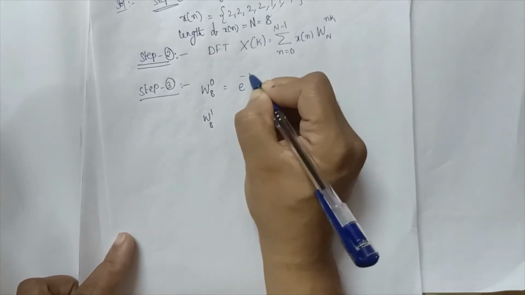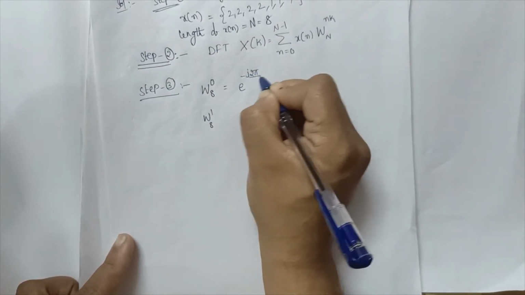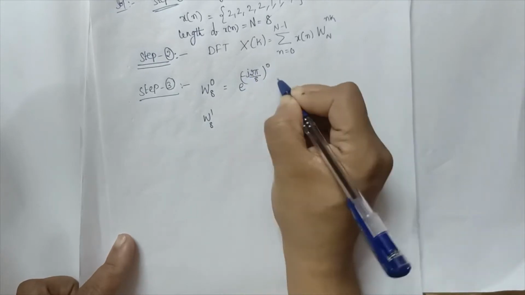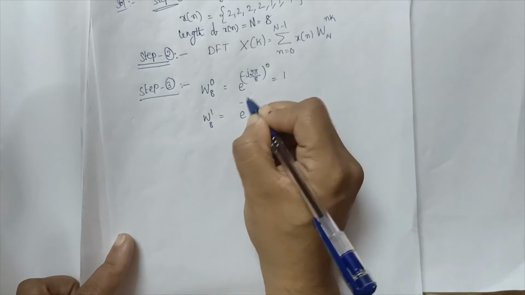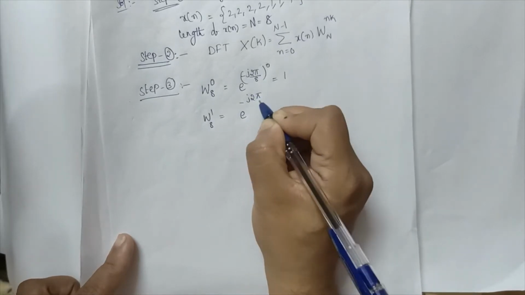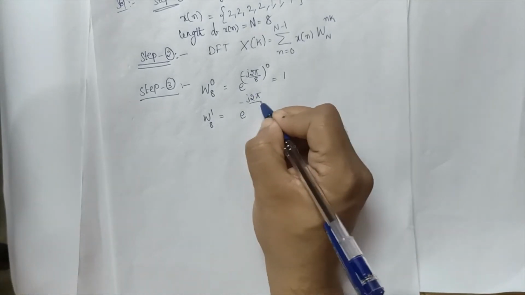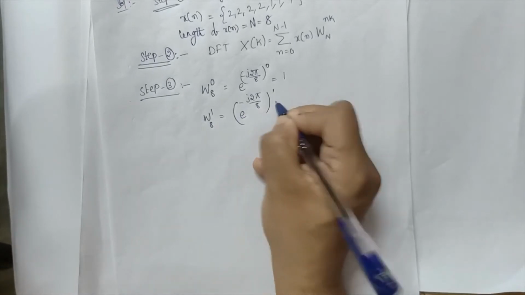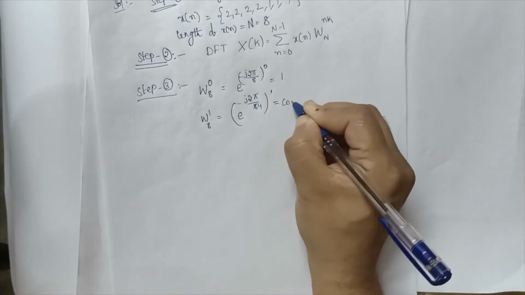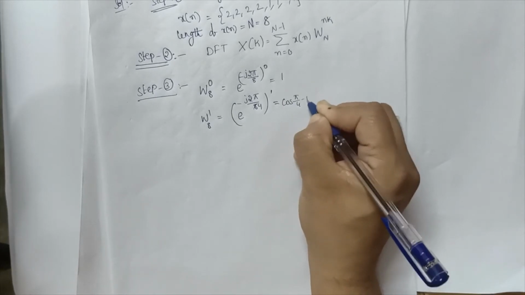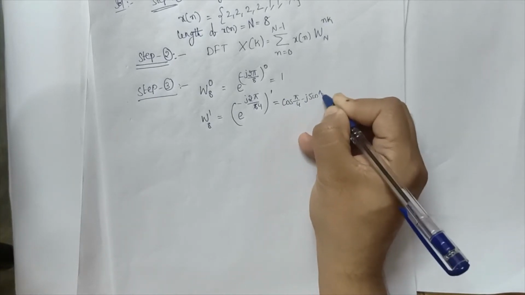Omega 8 power 0 is equal to e power minus j 2 pi by 8 whole power 0, which is 1. Omega 8 power 1 is equal to e power minus j 2 pi by 8 whole power 1, that equals cos pi by 4 minus j sin pi by 4.